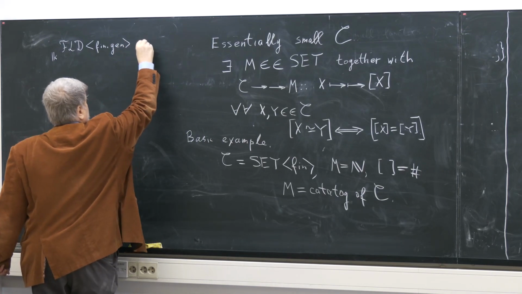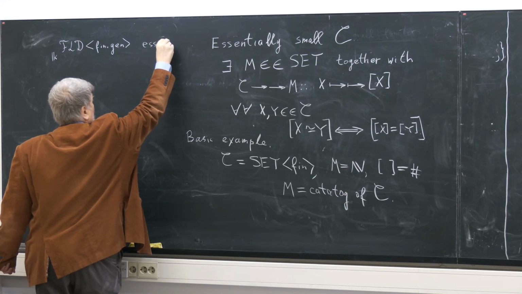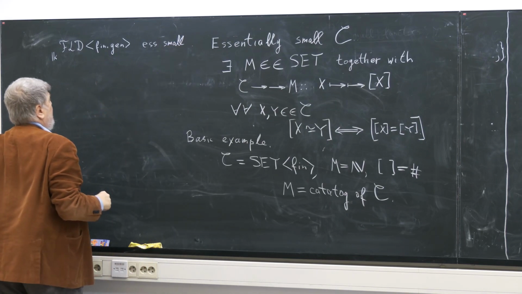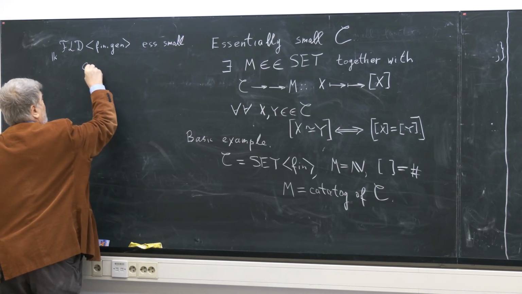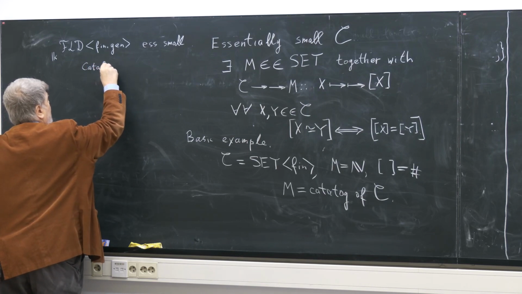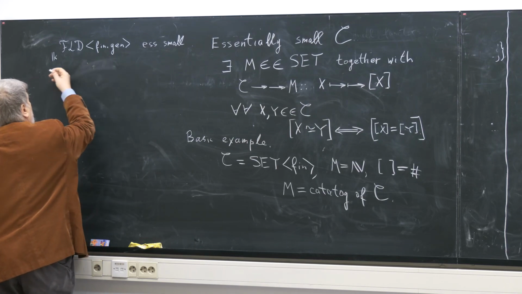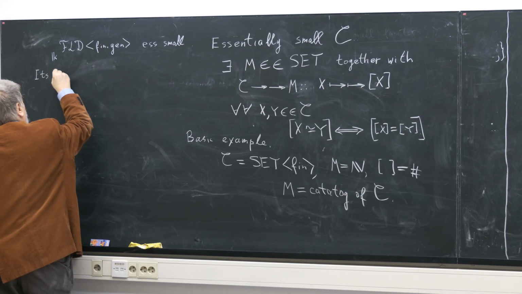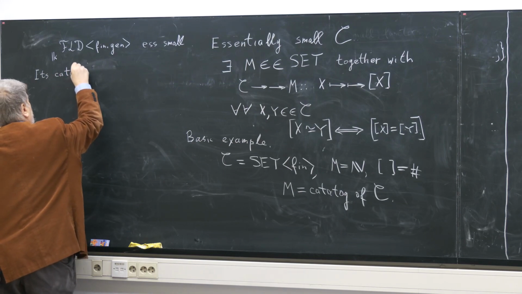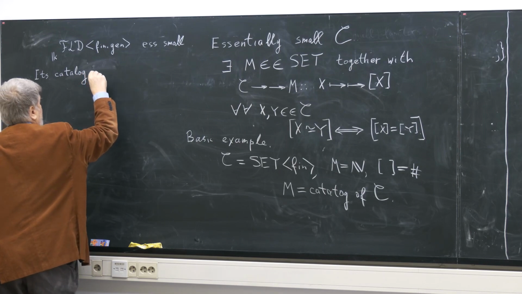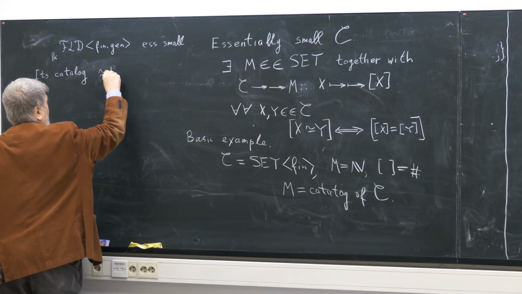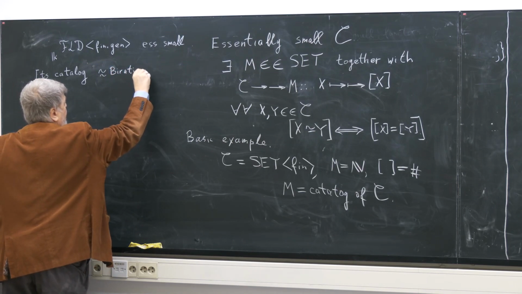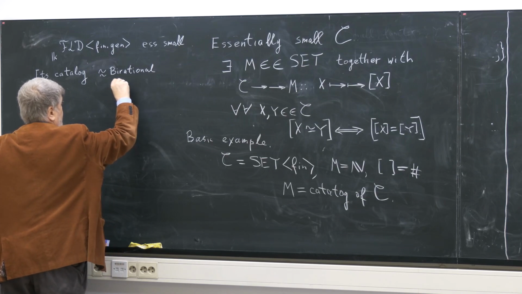It is essentially small, and creating its catalog is close to birational geometry.